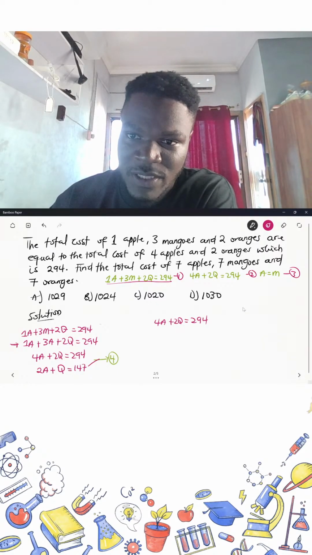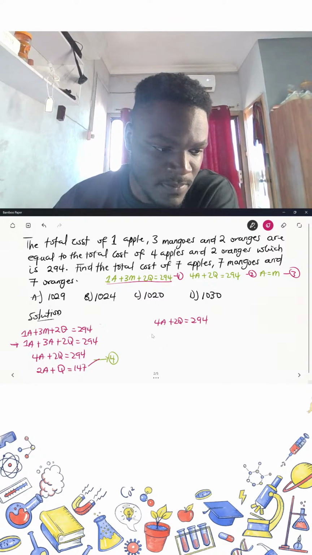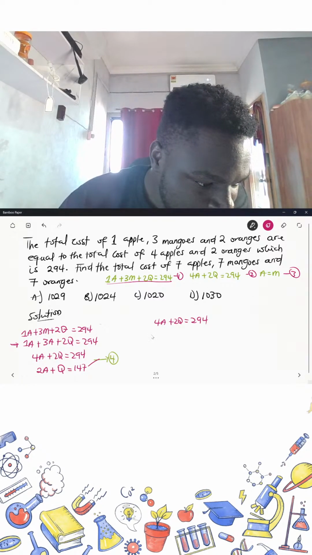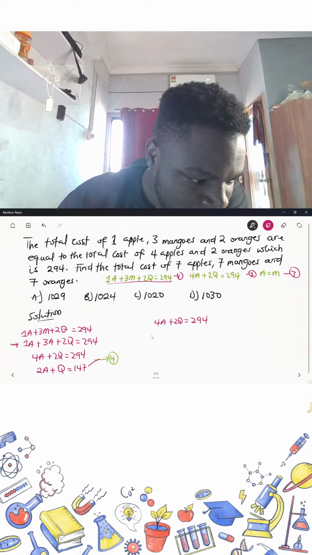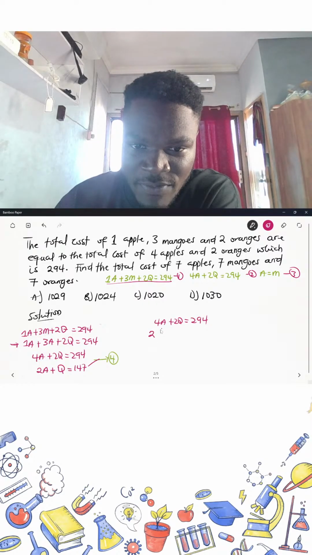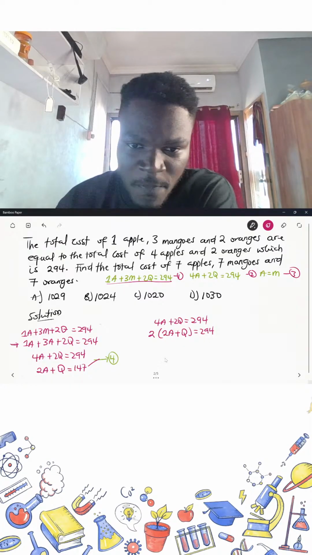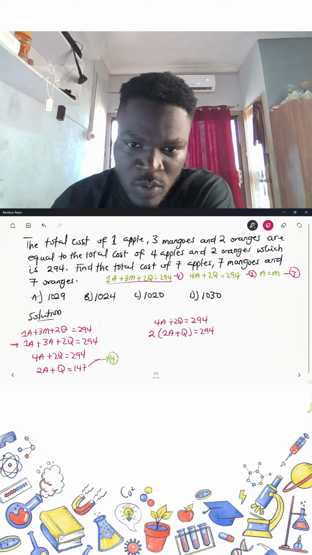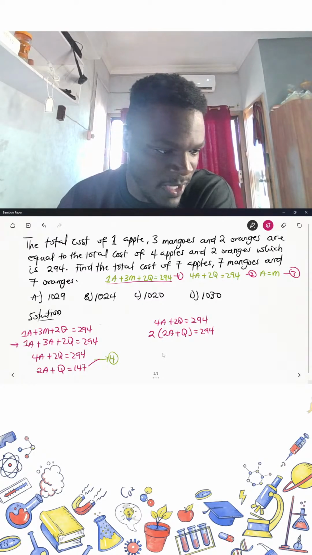Looking at equation 2, I can factor 2 out. If I factor 2 out, I'll have 2 outside brackets, 2A plus Q is equal to 294. So 2 multiplied by 2A will give me 4A, and 2 multiplied by Q will give me 2Q over here.